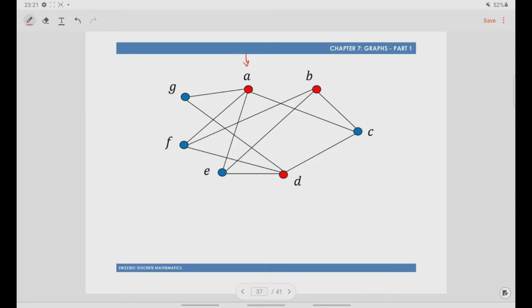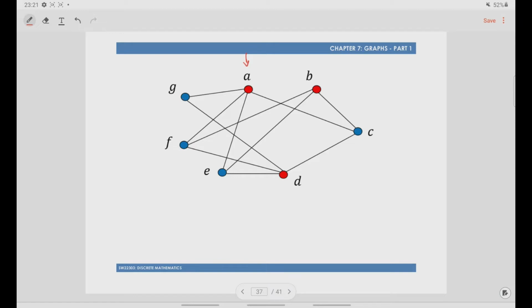And then we don't change any color that we already gave to a vertex. For example, G, we never change the color blue of the vertex G. The same goes with F. We also never change the color for F. E also, and all vertices maintain their own color.